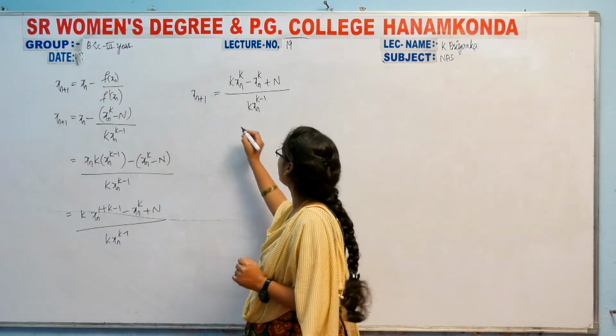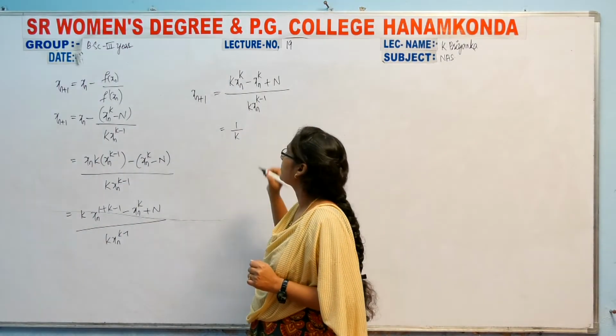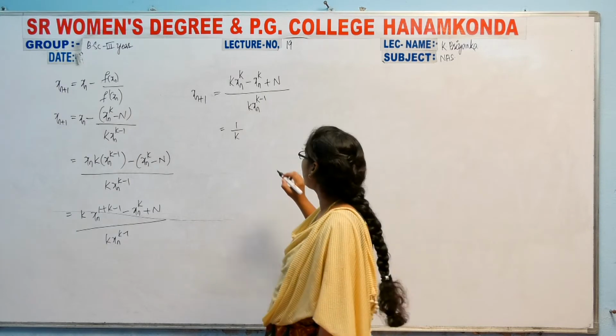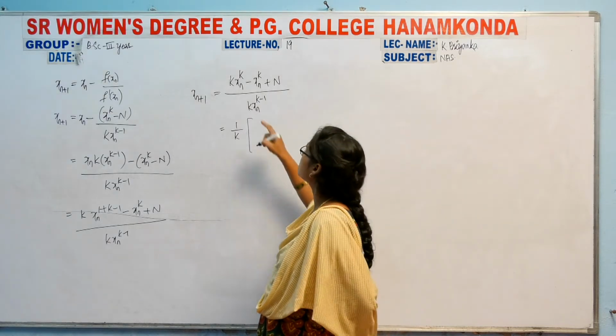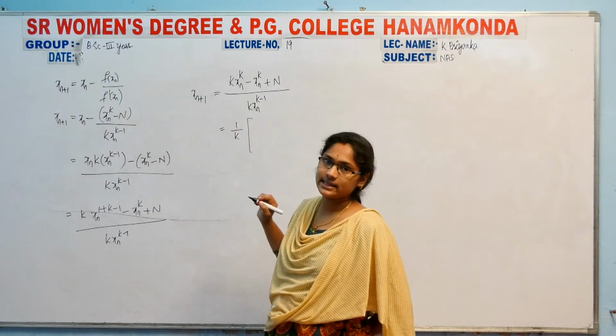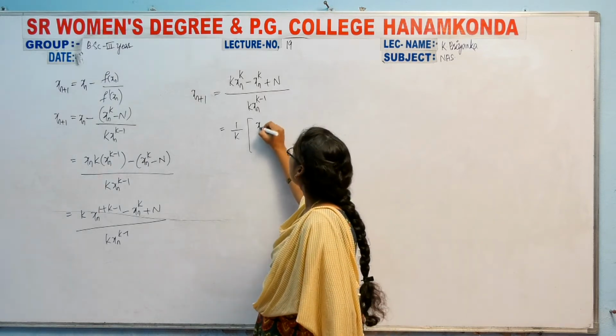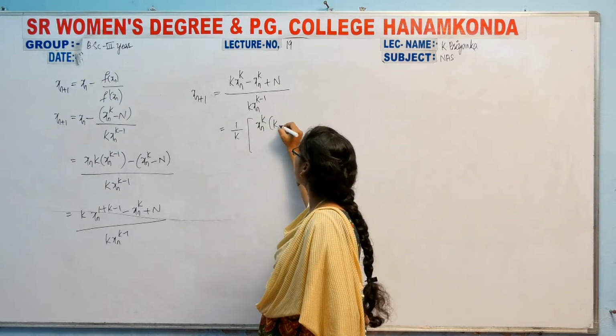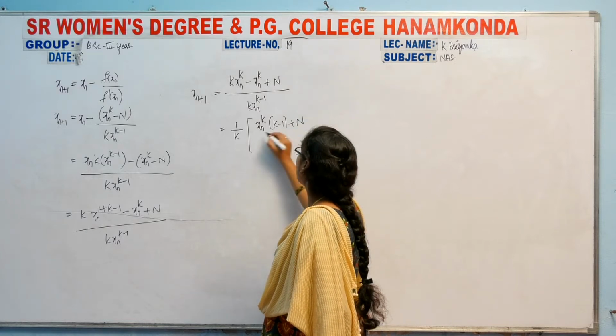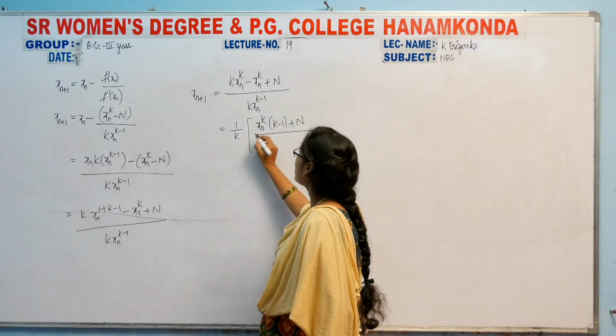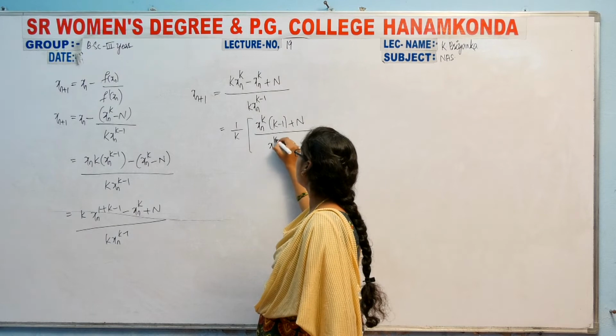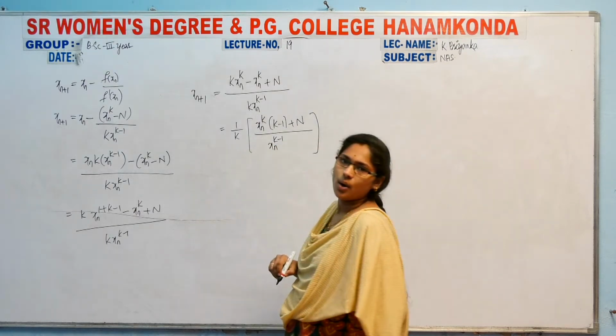Still we can take 1 by k outside. When taking 1 by k outside, xn power k is common. Then what we get: k minus 1 plus n by, here k is outside now, xn power k minus 1.